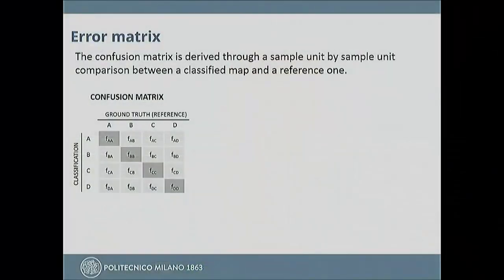Okay, so at this point, if we have a pointwise situation like this one, we can build up the confusion matrix in this way. We consider a matrix with 2 dimensions. Here we have the ground truth, so the reference map. Here we have the classified map, the map derived from classification, which can be, for instance, the global map. The categories are the same.